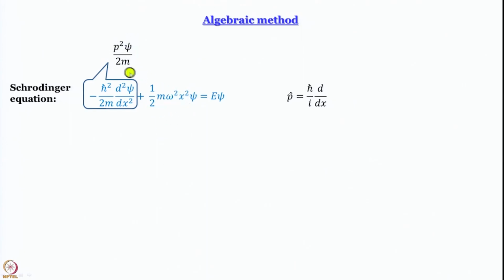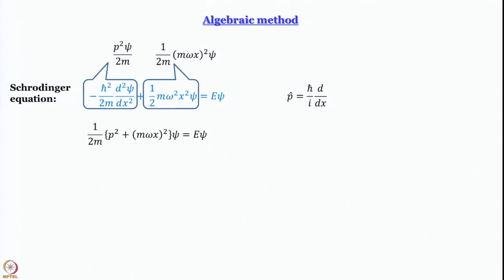The first term already has a 2m in the denominator, so I can take it outside the bracket. So, I will write the second term as 1 by 2m multiplied by the square of the product m omega x, that operating on psi. Okay. So, I have just rewritten the two terms on the left hand side of the Schrodinger equation.